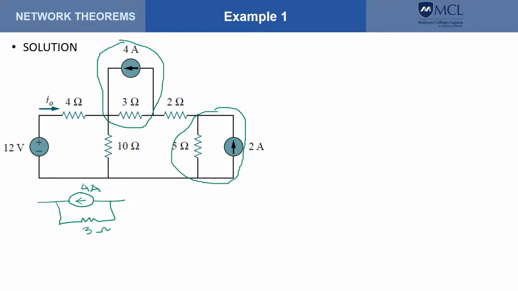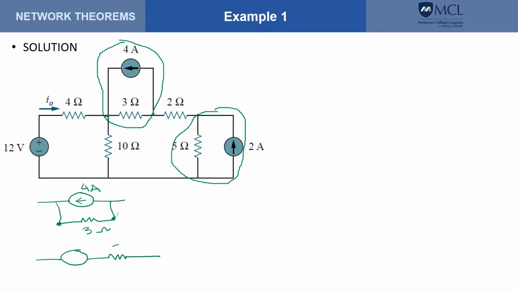Take note that this point here is really this point here also, and this point here is also this one. So we could convert that into a voltage source that is in series with the resistance.